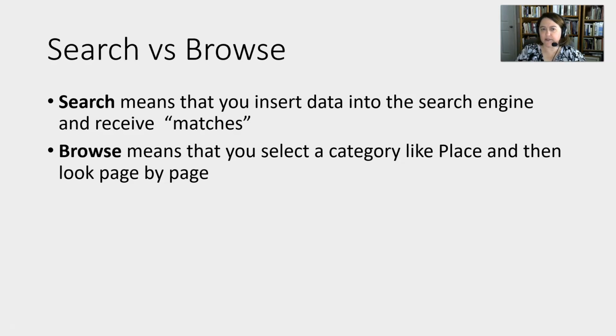Browsing: Ancestry, in most databases, allows you to browse. In fact, in some cases where you can't search, you can at least browse. There are different ways to browse, but each collection has a browse ability up at the top, or each database up at the top right. Think of browsing as if I'm at the library and I want to look at the cookbooks, but I don't know what I want.